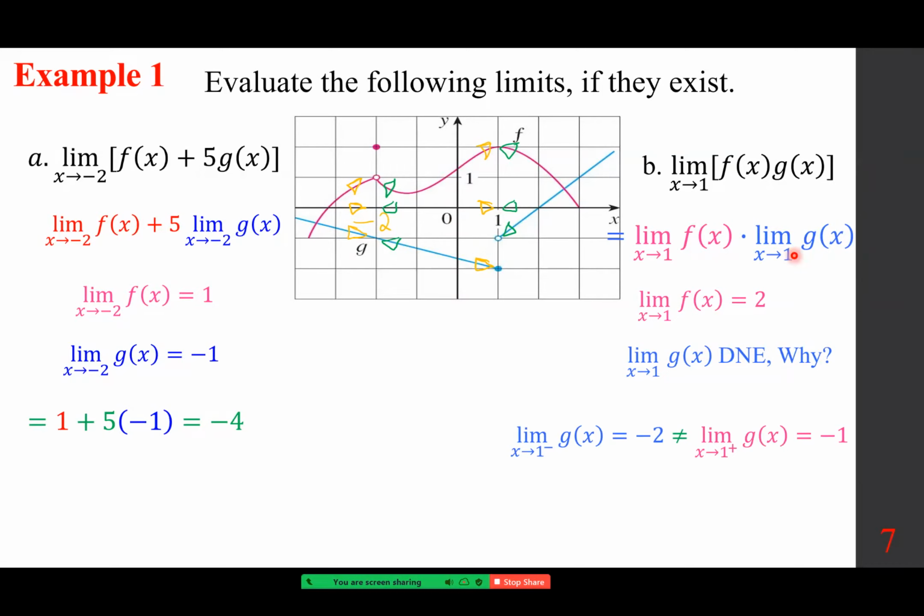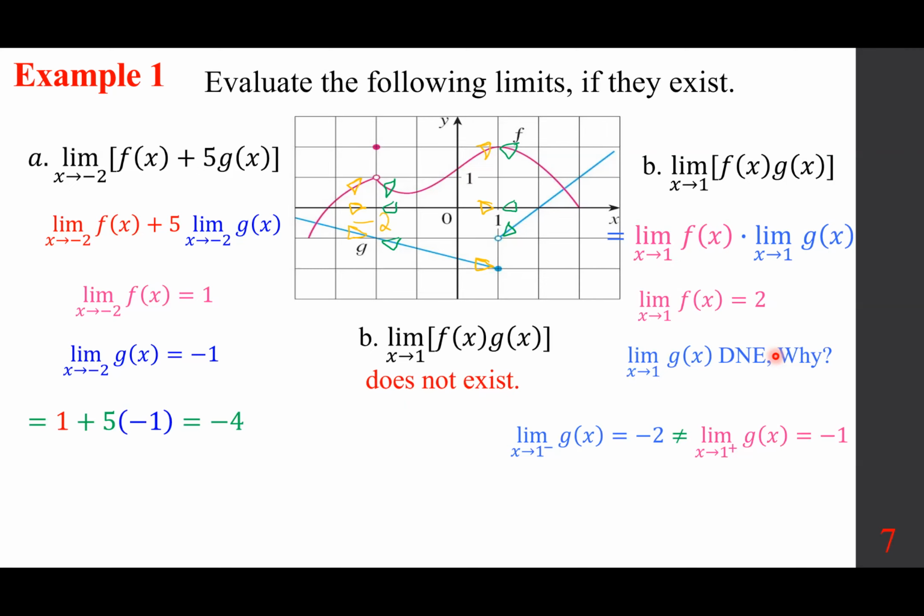So the product of these two is 2 and doesn't exist, which means that doesn't exist either. I want to quickly show you a slightly different approach which works out in the same manner. Let's look at the limit of this function as x approaches 1 from the left, and then as x approaches 1 from the right. From the left, you have to multiply this one and this one.